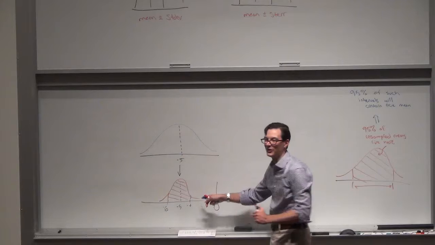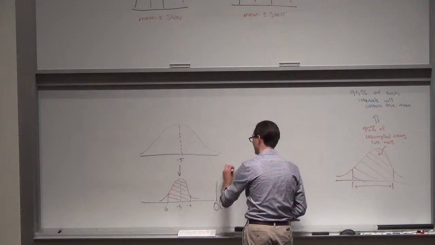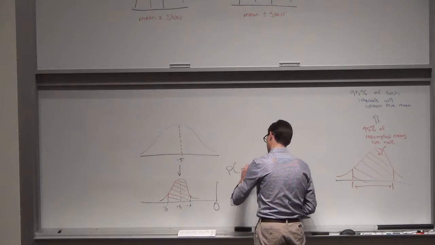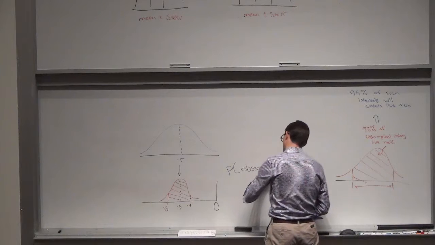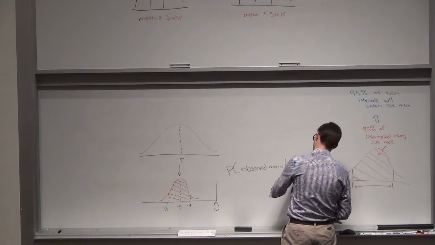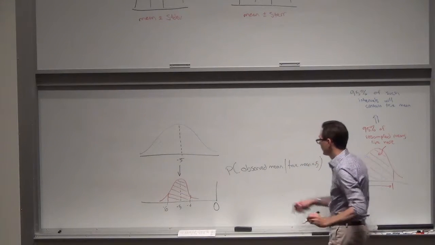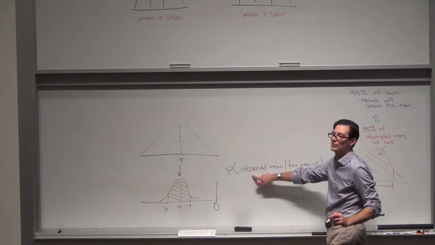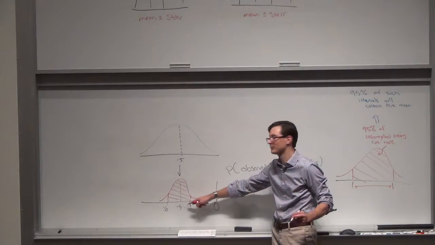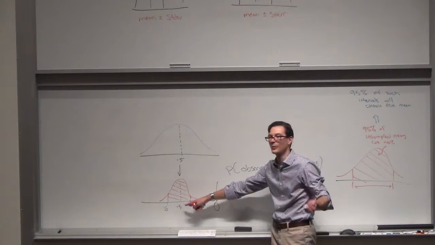What sort of probabilities are we reading out from this? We're basically getting the probability distribution of observing a mean from some random sample of 11 mice, or of our weight loss patients.